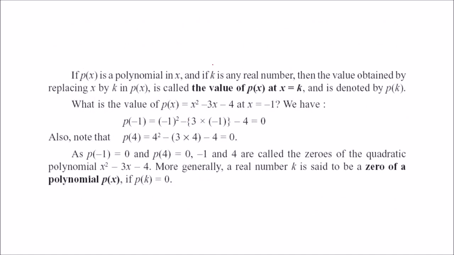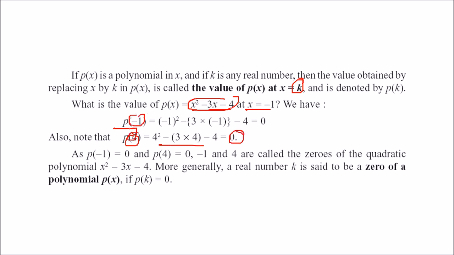But there is one more thing. At some point, this equation becomes 0. Let us take an example. If we put x equal to minus 1, then p(minus 1) will make this equation 0. Again, if we place x equal to 4, this equation will again become 0.